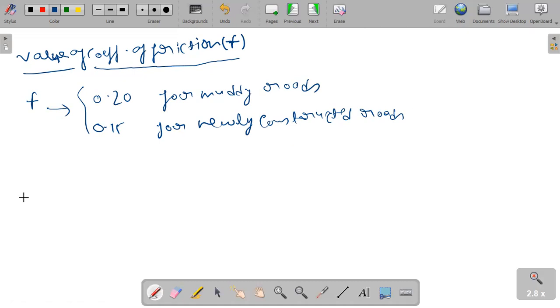Basically IRC recommended 0.2 for the coefficient of friction, because in India there are a lot of roads which are not modified.